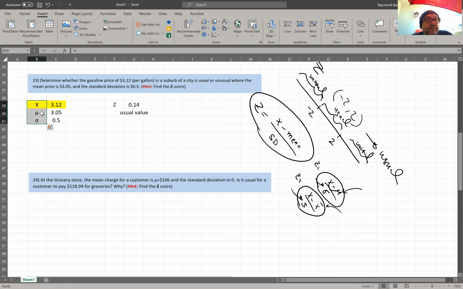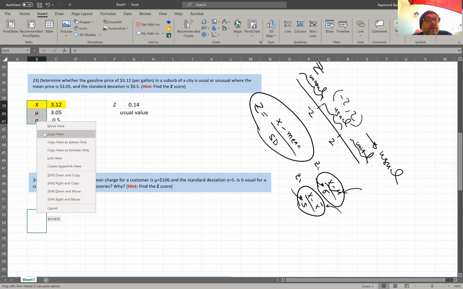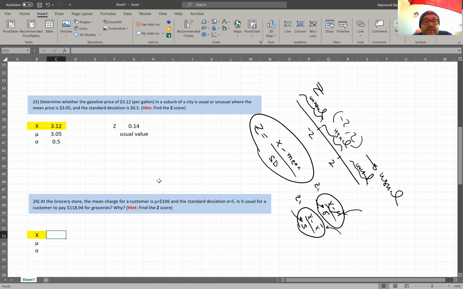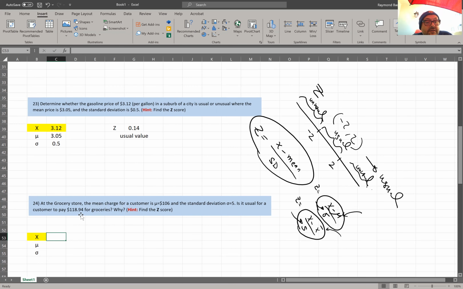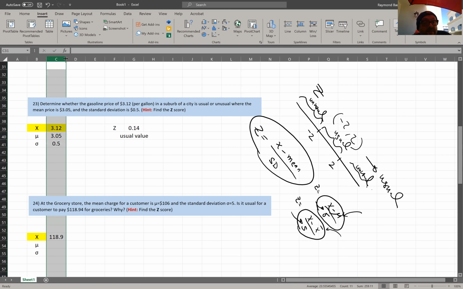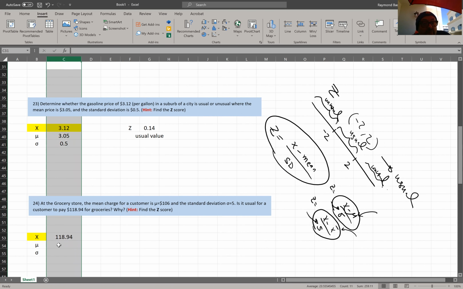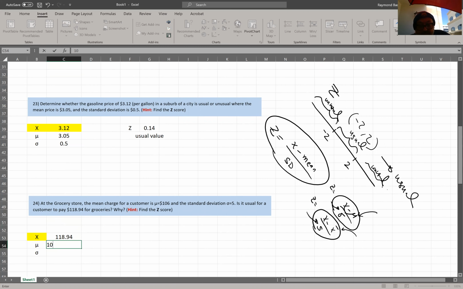So if I copy these three letters here, I don't have to type them again. There we go. Here, my x happens to be $118.94. Let me make that column a little wider so you can see the numbers. My average here is mu, 106, and my standard deviation is 5.